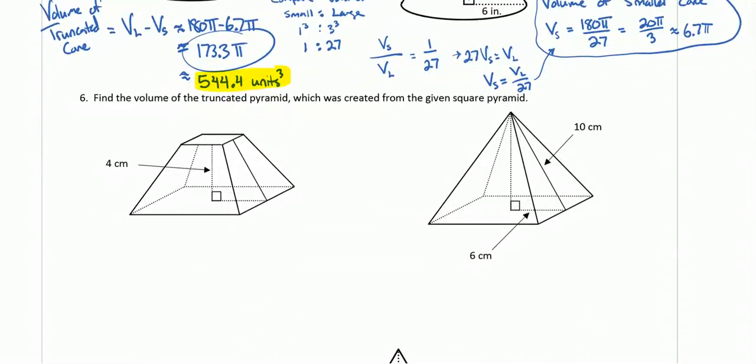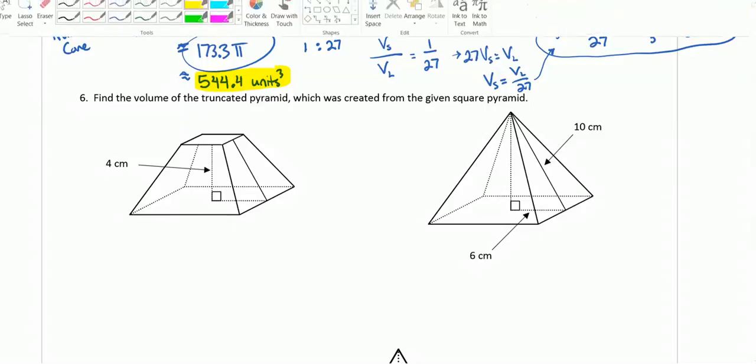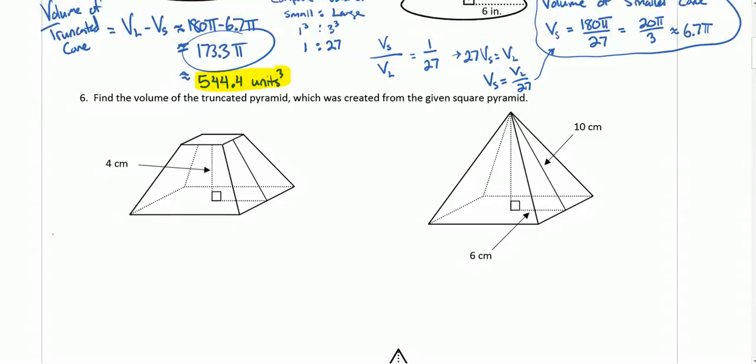Number 6, we have a truncated pyramid this time, and so we're going to kind of work through this the same way. We know that the volume of the truncated pyramid is the volume of the large pyramid minus the volume of a smaller pyramid, which we get when we truncate it.